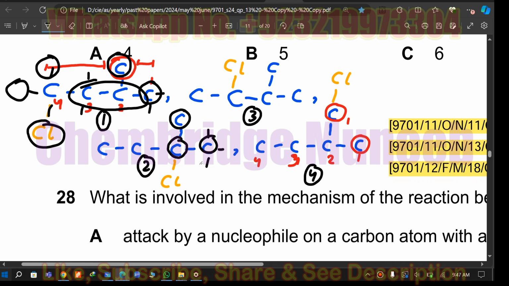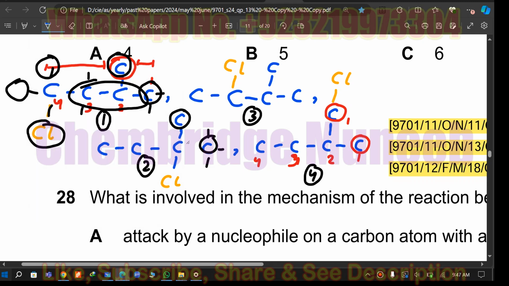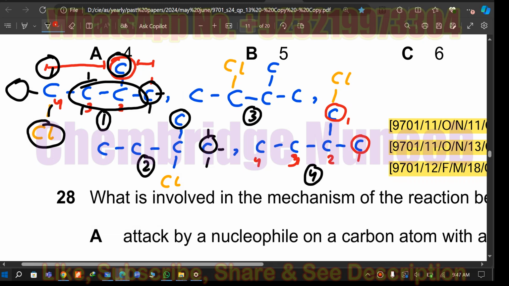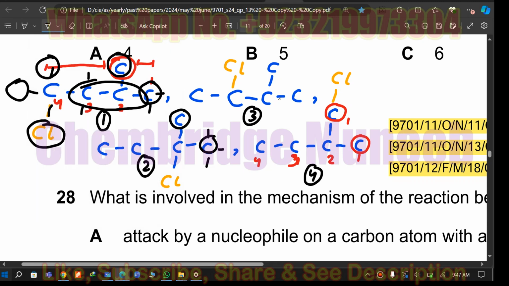And on isomer number 2, if we consider this carbon on which chlorine is bonded, it has 2 methyl groups on its sides, so it is not a chiral center. So no chiral center over here. Now if we consider isomer number 3, then this carbon has 1 chlorine atom here and 1 methyl group over here.